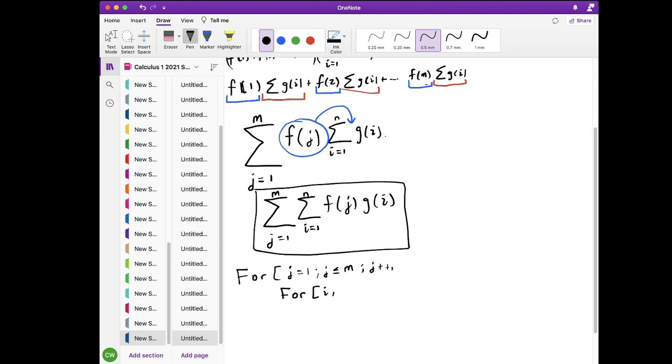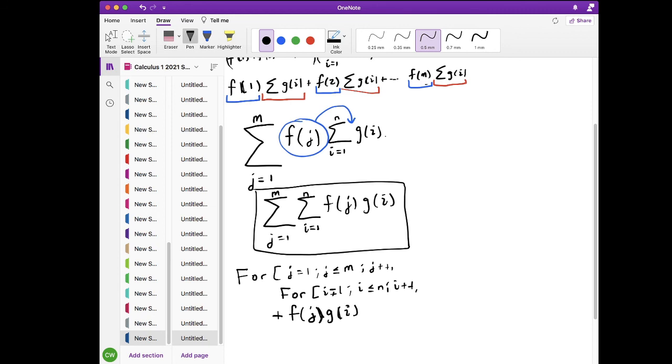So notice that j comes first because it's the outermost. And then you do the sum f j g i. So you run through all the j's first.